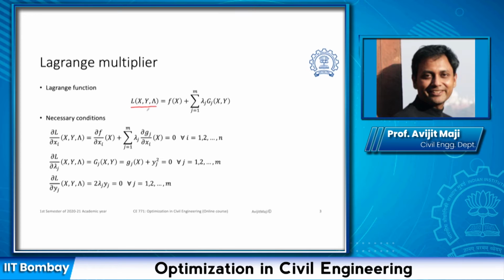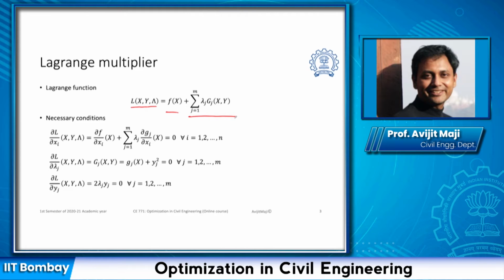Y is to take care of the inequality constraint, converting it into an equality constraint, where y represents the slack variable, and the function is going to be f of X and the summation of each of the constraints which we have, and it looks very similar to our equality constraint multivariable optimization problem.